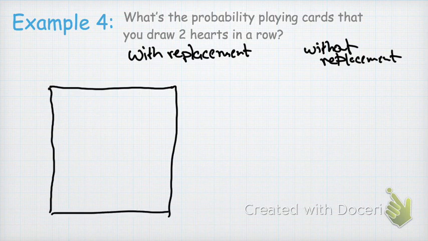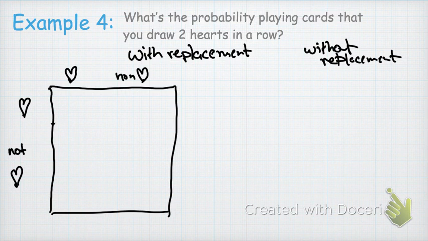So I'm going to try to draw a table here. But instead of listing all 52 possible cards this way and all 52 possible cards this way, let's look at how many of those cards are hearts and how many of those cards are not hearts. We'll do the same thing for our second card, hearts versus not hearts.